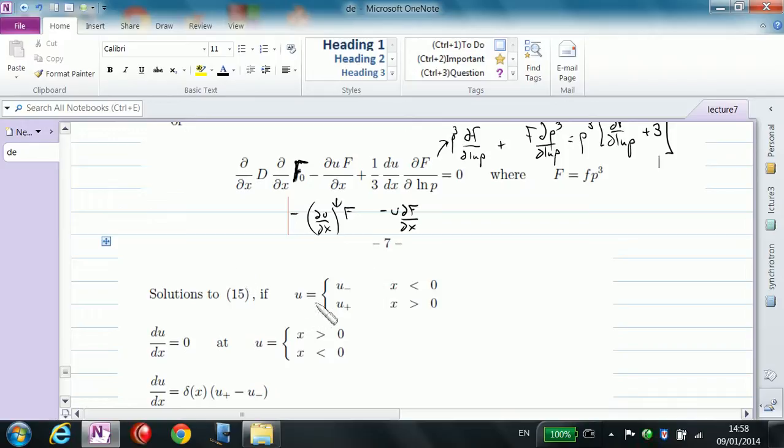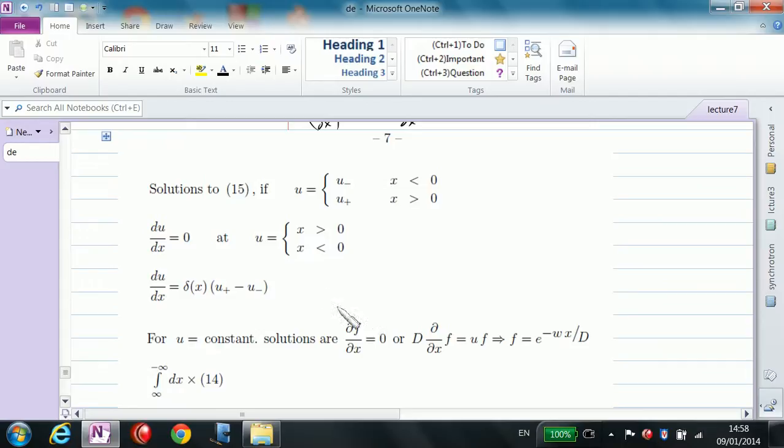So the idea is you can apply this to a shock now, where u is constant, u minus for x less than 0, and u plus for x greater than 0, and du dx is a delta function. It's proportional to delta x times the velocity difference. That's what du dx is.